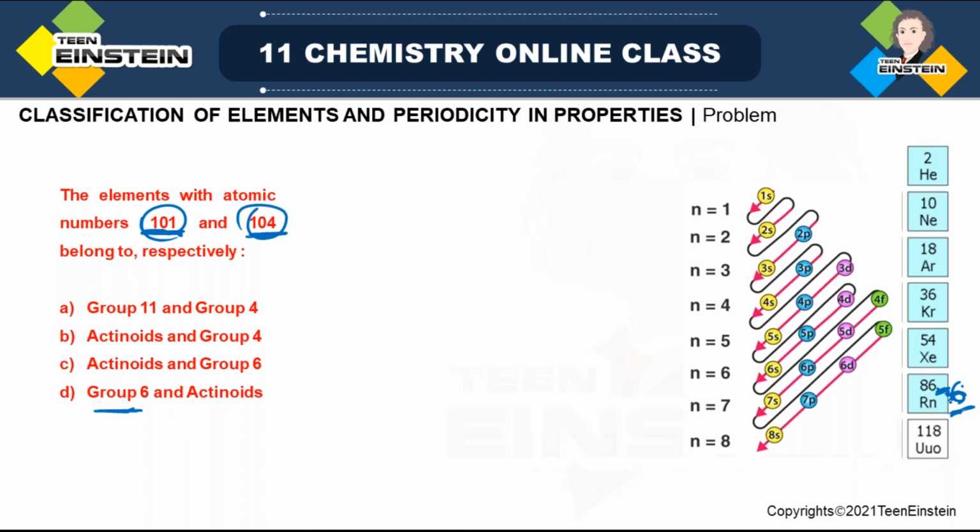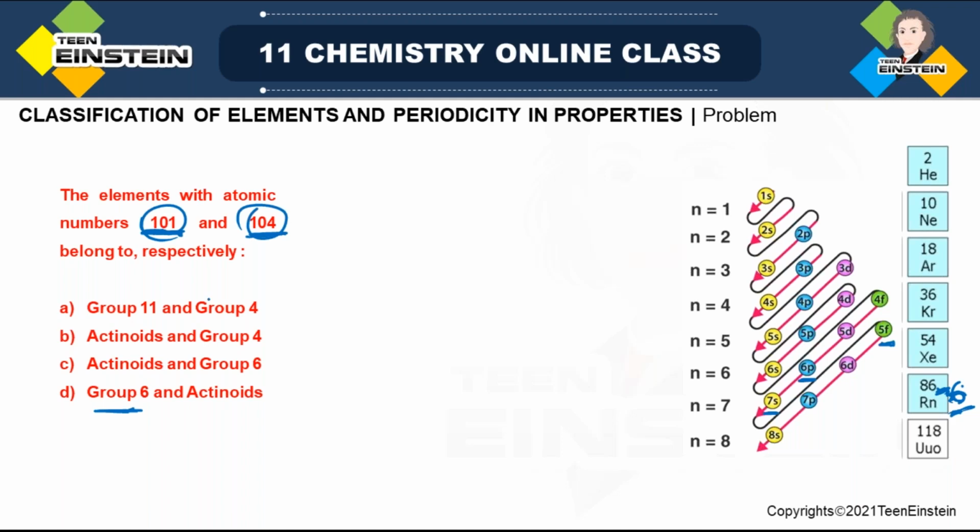So 101 must be in the next period, that is period 7. Now Rn has its last electron in 6p. That means 6p is already filled. Now you have to take the help of the Aufbau principle. After 6p, the next orbital where electrons are present is 7s. After 7s, it is 5f, right?